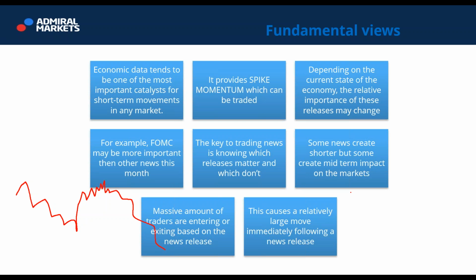Basically, we said that pound dollar is in an uptrend and will be bought on dips. If you go to our article, you can read where we gave our opinion that pound dollar will probably be bought on dips.